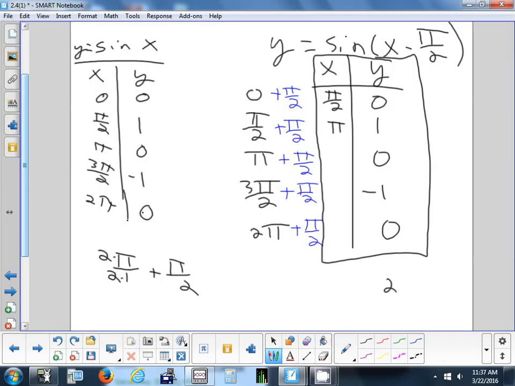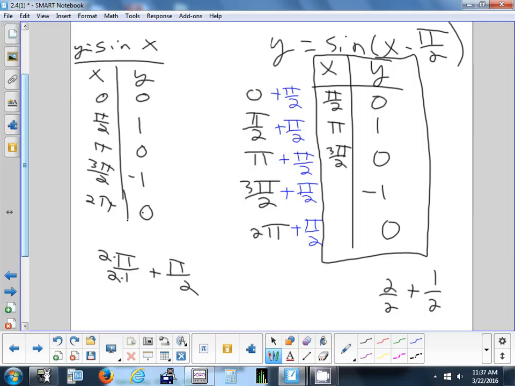Think of it as 2 over 2 plus 1 over 2. 3 over 2. Yeah. The only thing is we have a pi on the top as well, so it's 3 pi over 2.